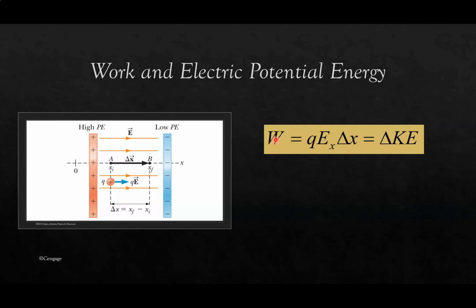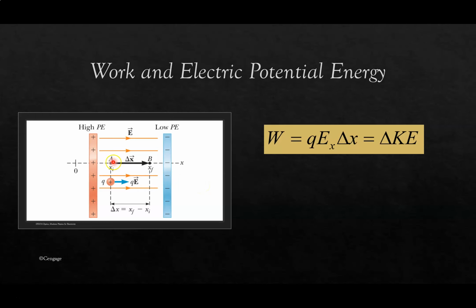The electric force is conservative, so the electric work depends only on the endpoints of the path, A and B, not on the path taken. That means as the charge accelerates to the right in the figure, it gains kinetic energy and loses an equal amount of potential energy.